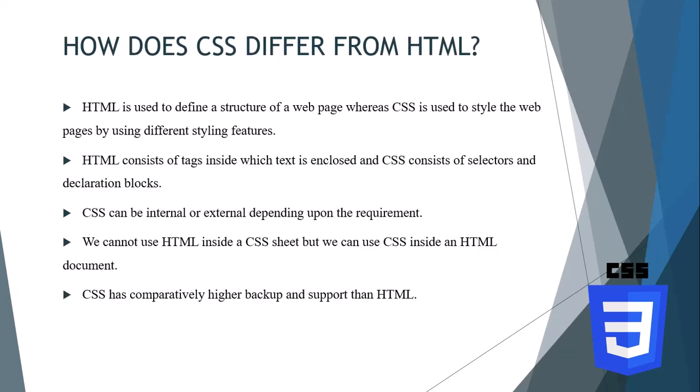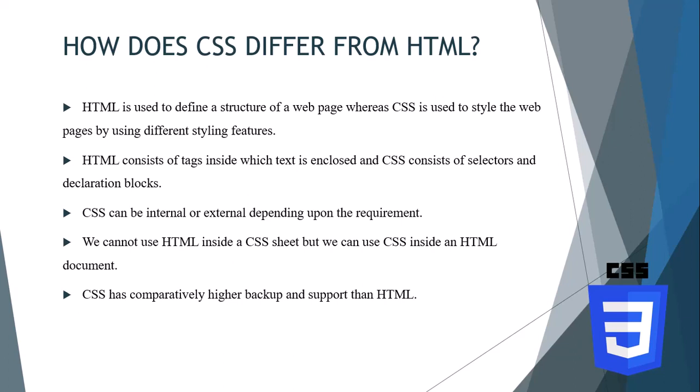And the next thing here, how does CSS differ from HTML? One, HTML is used to define the structure of a web page, whereas CSS is used to style the web page by using different styling features. Two, HTML consists of tags inside which text is enclosed, and CSS consists of selectors and declaration blocks.